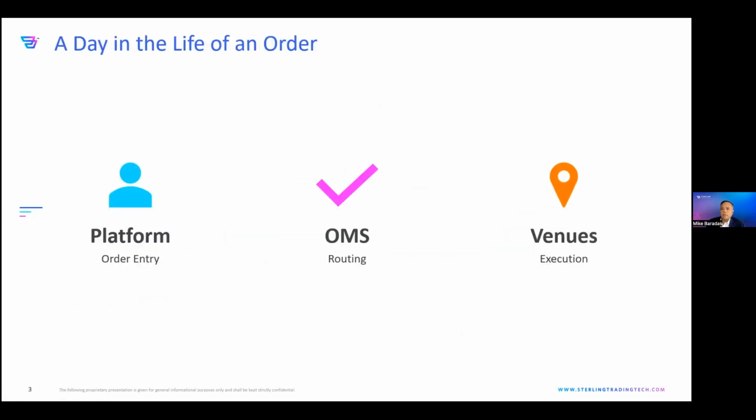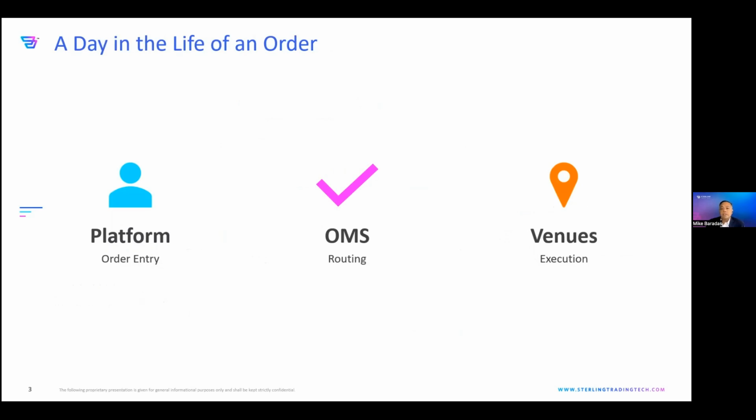Just wanted to give a high level overview of a life cycle of an order. So obviously the order started somewhere. Typically it's an order entry platform, whether it's a Sterling trading platform, or your own proprietary platform, or another platform, or an exchange platform.